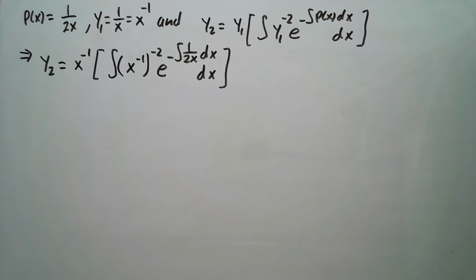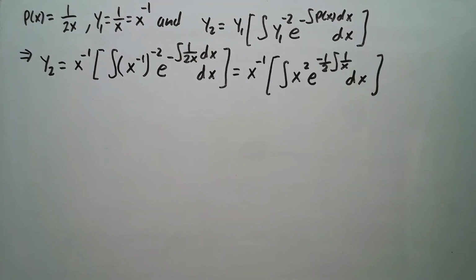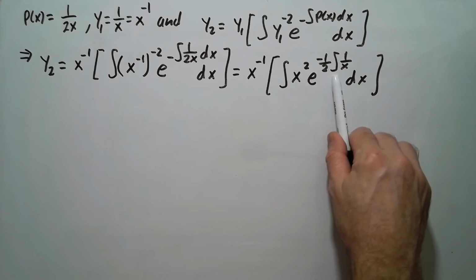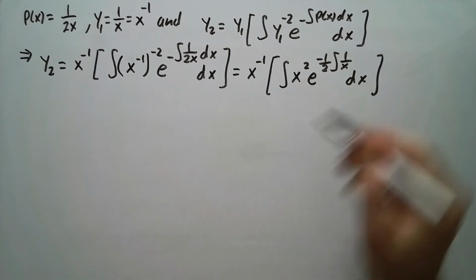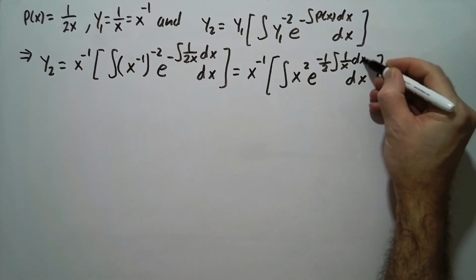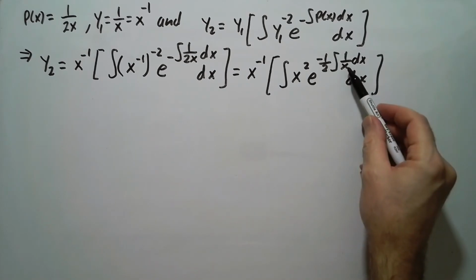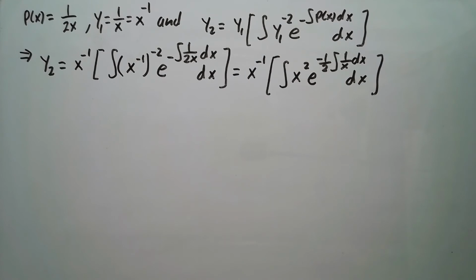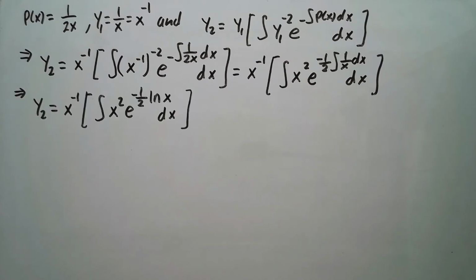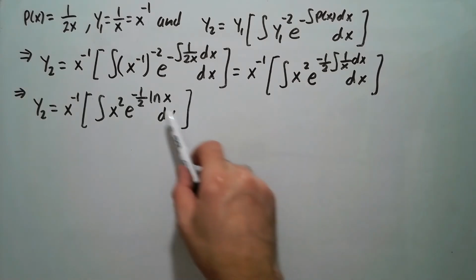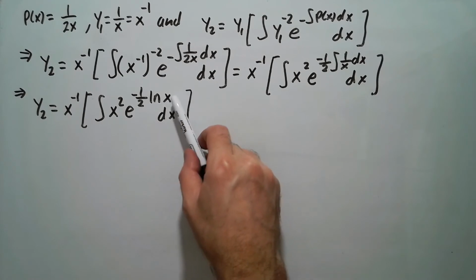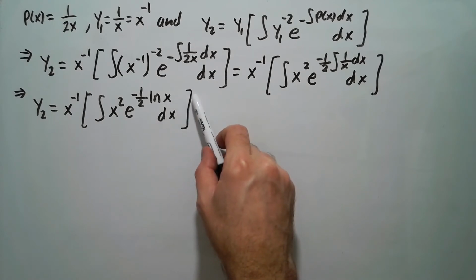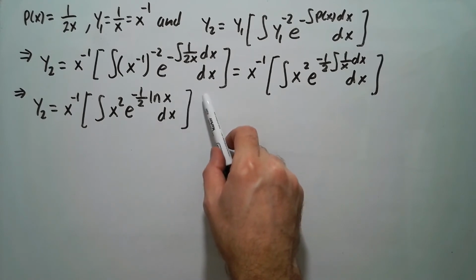So we get this then, and the integral of 1 over x dx would be ln of x here. Okay, so integrating 1 over x, it's ln of x. I guess it would be plus c also here, but I'm just going to choose the c to be 0 for the time being.